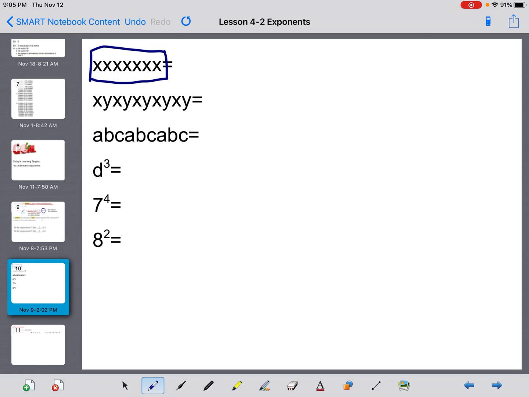That is already in expanded form. We want to shrink it to exponential form. What's my base? X. How many x's were there? 1, 2, 3, 4, 5, 6, 7.